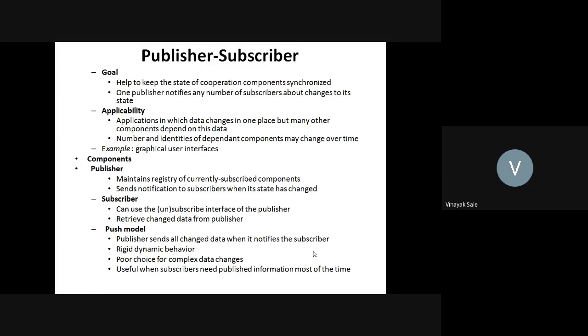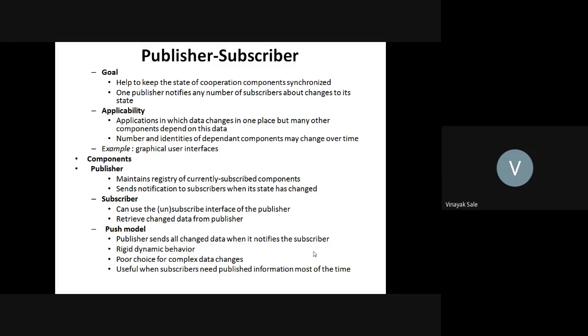Then what are the components of publisher subscriber? The publisher maintains a registry of currently subscribed components and sends notification to subscribers when its state has changed. The subscriber can use the unsubscribe interface of the publisher and retrieve changed data from the publisher.